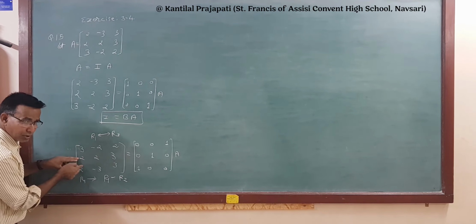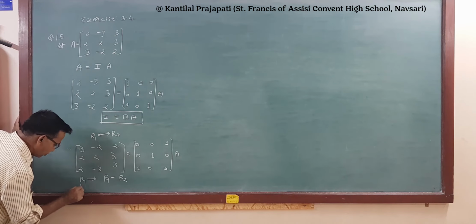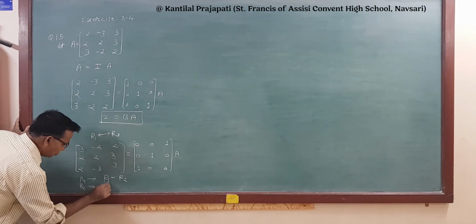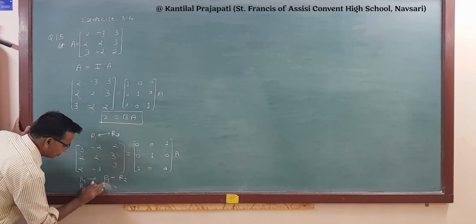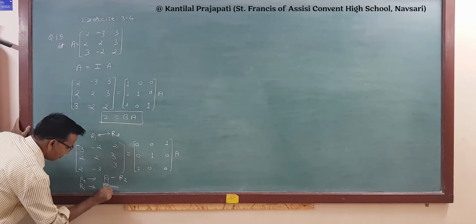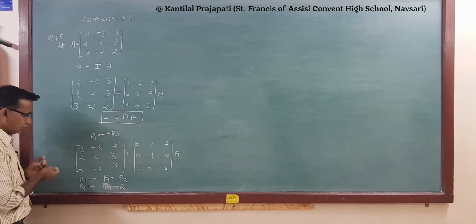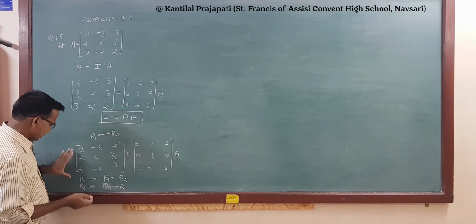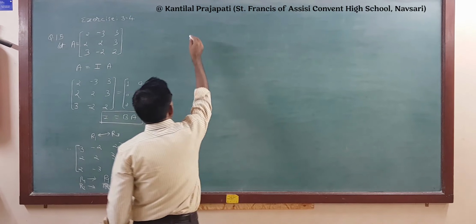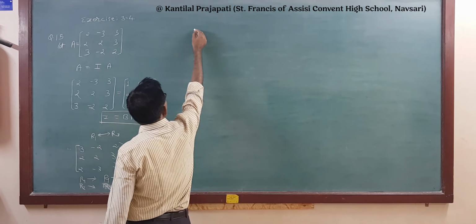So 2 minus 2 is 0. So in R2 also we apply this notation, R2 minus R3. The third row will be subtracted from the second row. We apply these two notations at a time, and then the first row and second row will be changed.